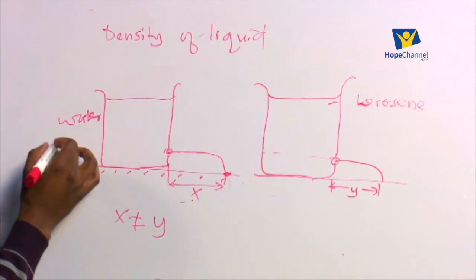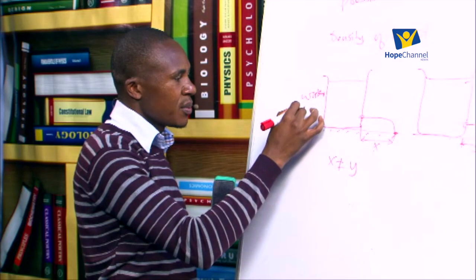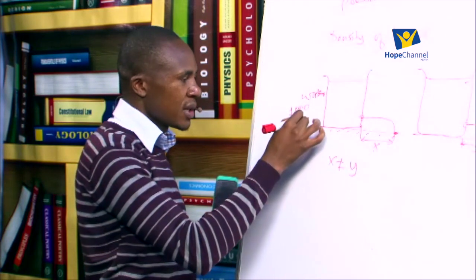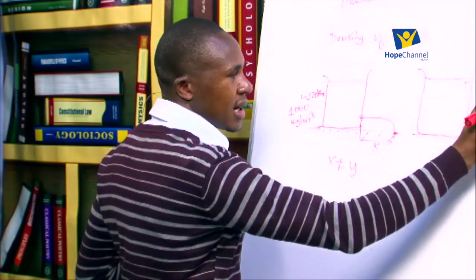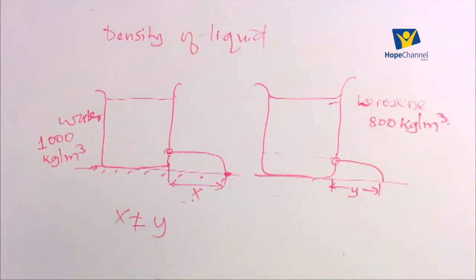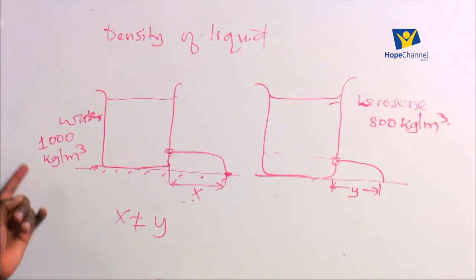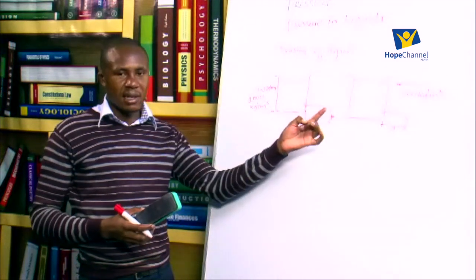Now the density of water, if the water is pure, is approximately 1000 kg per cubic meter, and if the kerosene is pure, the density will be 800 kg per cubic meter. Now we see that the density of water is 1000, for kerosene is 800. What does it mean? It simply means water is denser than the kerosene.